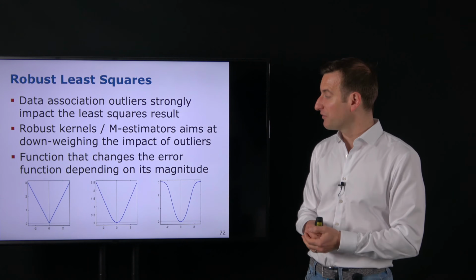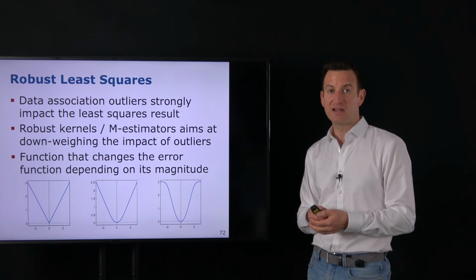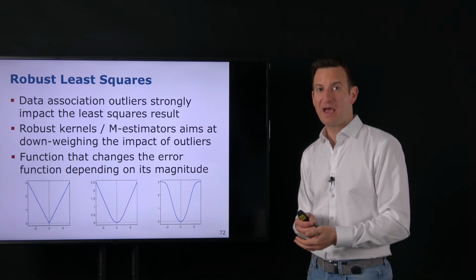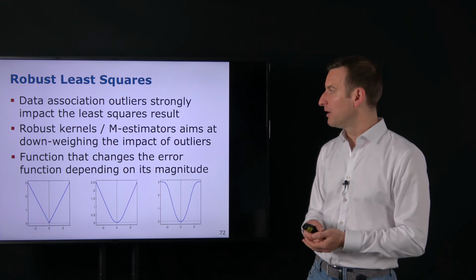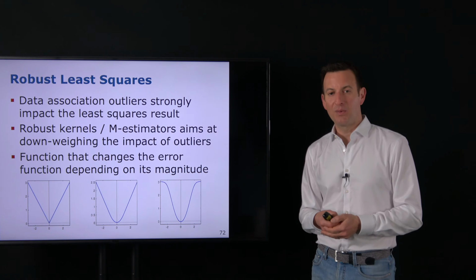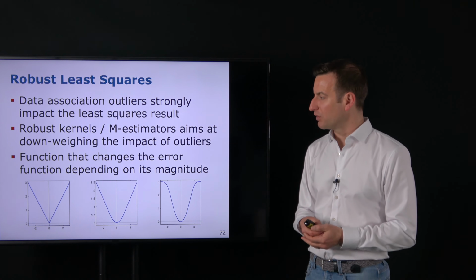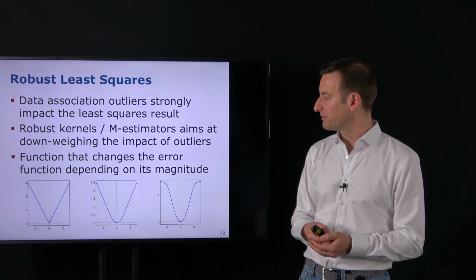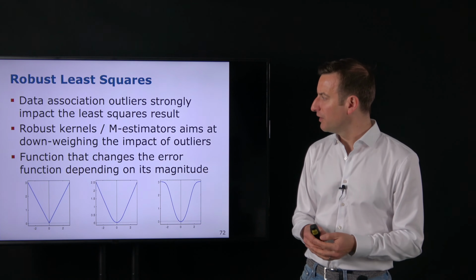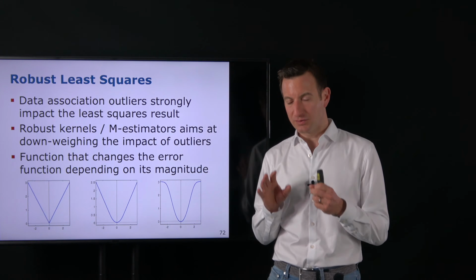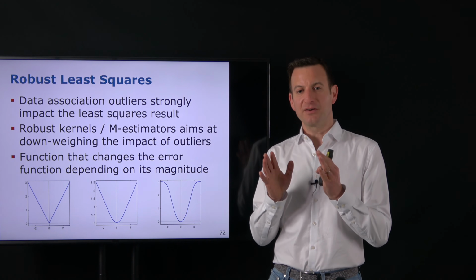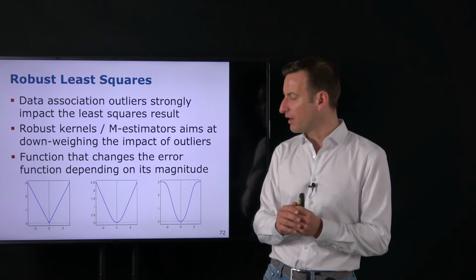It's basically zero afterwards, and this is not what happens in reality. There's a certain probability that we have strong outliers, typically because something happens in the scene that we haven't taken into account or modeled when designing our noise values or error functions. So what we can do in this robust estimation is to use a different kernel function, a different function instead of a quadratic function to which we squeeze our error vector.